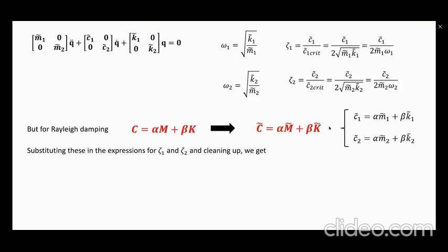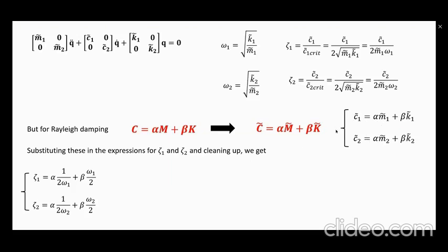So the question may be, how do we find this alpha and beta? Well, we take C1 tilde and C2 tilde out of these two and plug them into our equation. Let me show you something here.